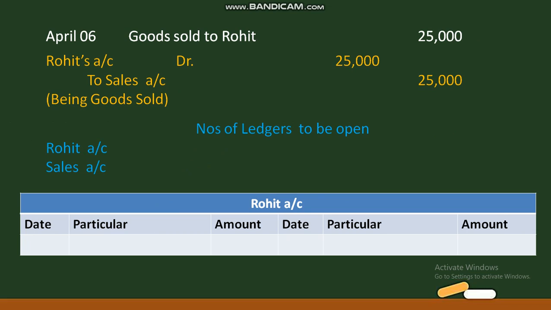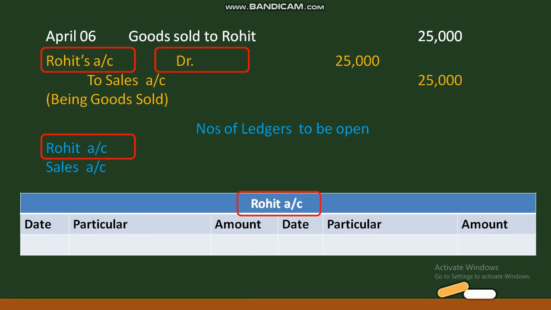Whatever we did in our past transaction, we have to repeat here once again. Once you prepare Rohit's account, first we have to check whether in this transaction Rohit is debited or credited. In this transaction Rohit's account has been debited. So first we have to write the heading of the ledger, that is Rohit's account, and Rohit is debited.